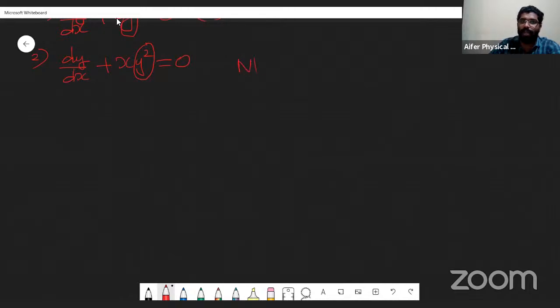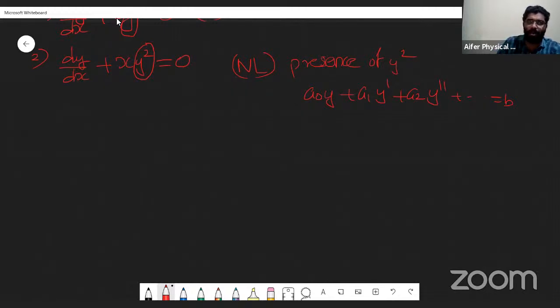So this is non-linear, because the presence of y square makes it non-linear. Our general form takes a0 y plus a1 y prime, dy by dx, plus a2 y double prime and so on, equal to b. So there is no y square or higher powers of y. Okay, so this is a non-linear differential equation. Now dy by dx equal to cot y.